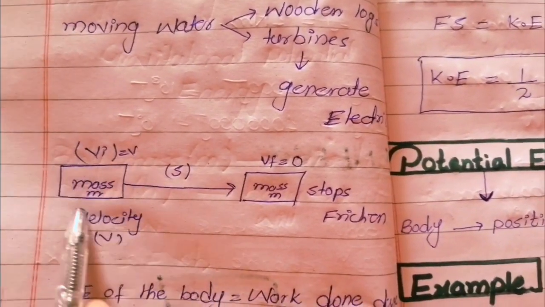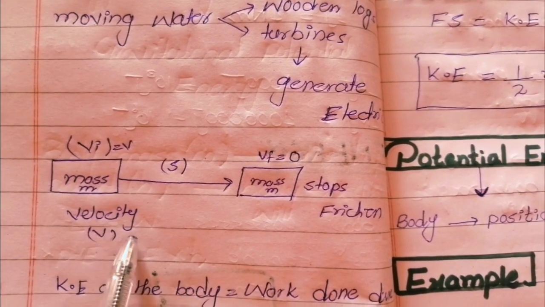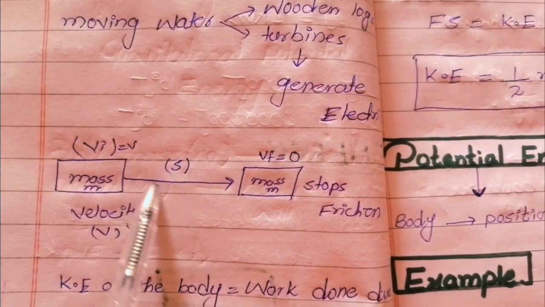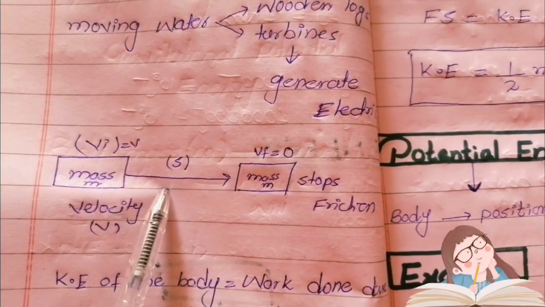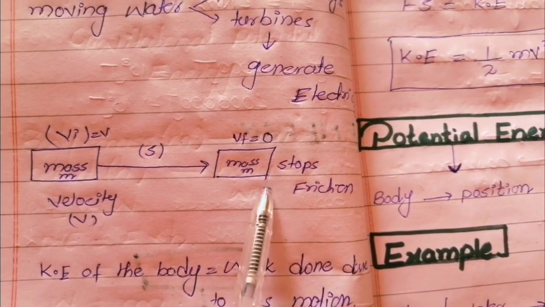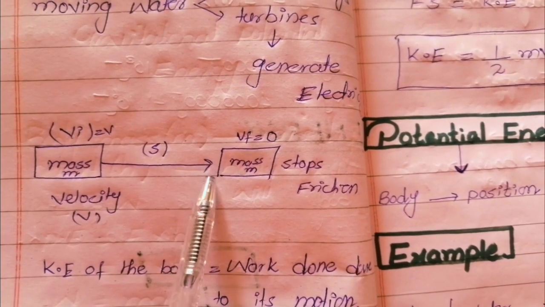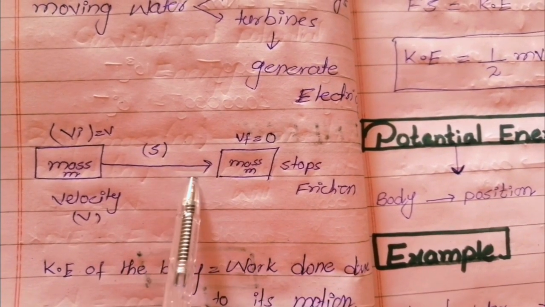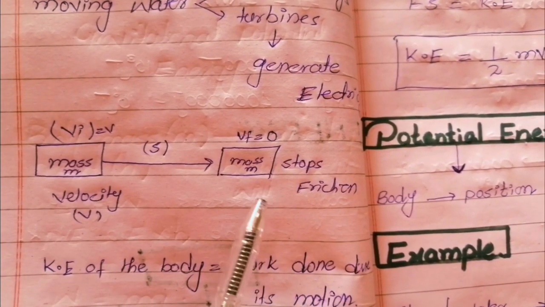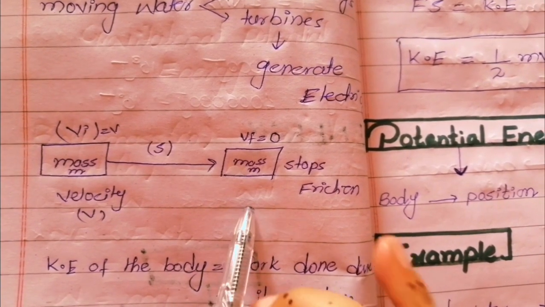Consider a body of mass m moving with a velocity v. So, this body covers some distance. The body stops after some time when all the kinetic energy which is present inside the body has been utilized, and the body stops due to the opposite force of friction.